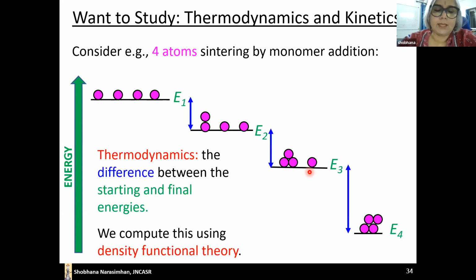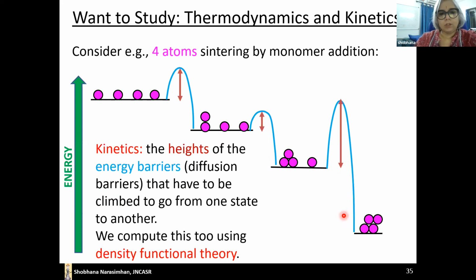And by thermodynamics, of course, what we mean is we are calculating the differences in energy between these various steps. So this energy difference, this energy difference, this energy difference. These are all things we can, of course, compute using density functional theory.